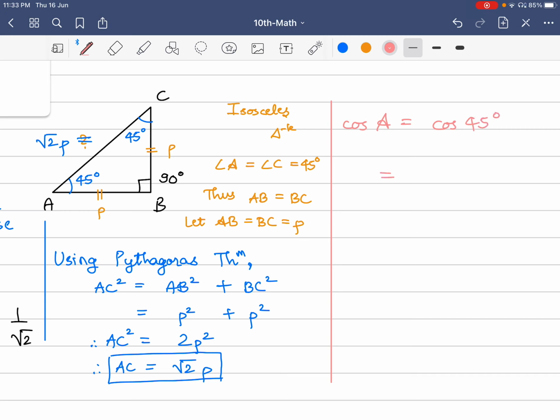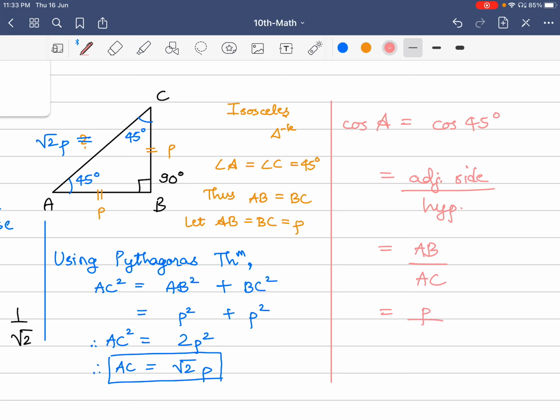What is cos of A? It is basically adjacent side the whole divided by hypotenuse. Okay. Now for angle A, what is the adjacent side? AB. And first let's write down. So that is AB the whole divided by, and what is the hypotenuse? That's AC. So AB by AC. However, what is AB?